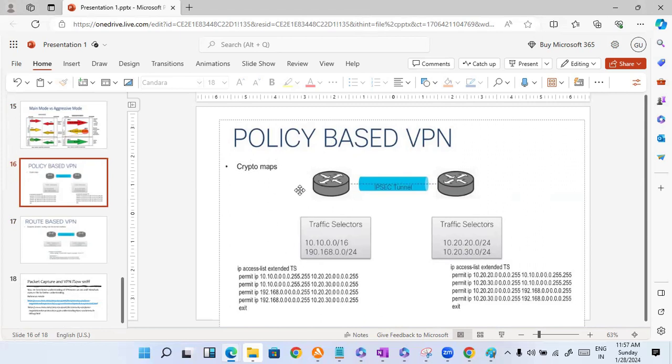Keep in mind what type of VPN they utilize, and that is policy based.